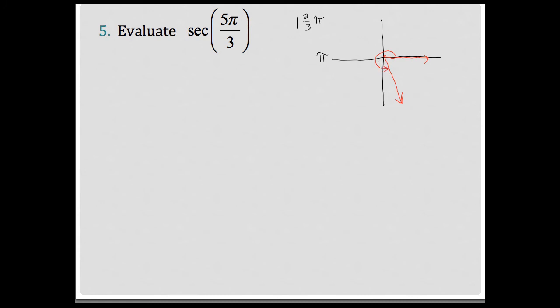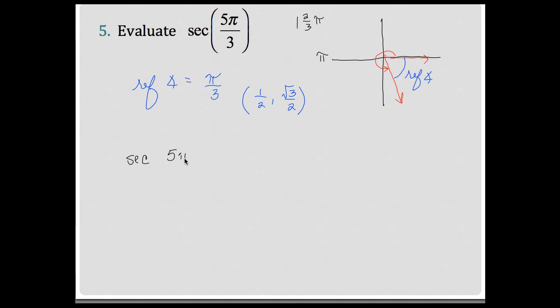All right, your reference angle then is this angle in here. It's always the difference between where the angle ends and the closest x-axis. So in this case, your reference angle is pi over 3. So if we think of the ordered pair associated with pi over 3, it's 1/2, square root of 3 over 2. So in order to piece together what the secant is going to be, remember we're in the fourth quadrant.